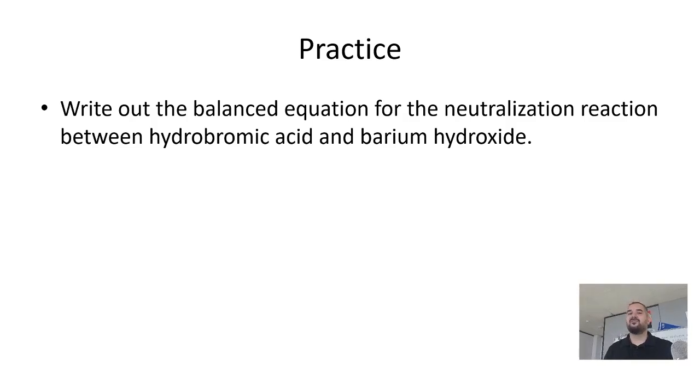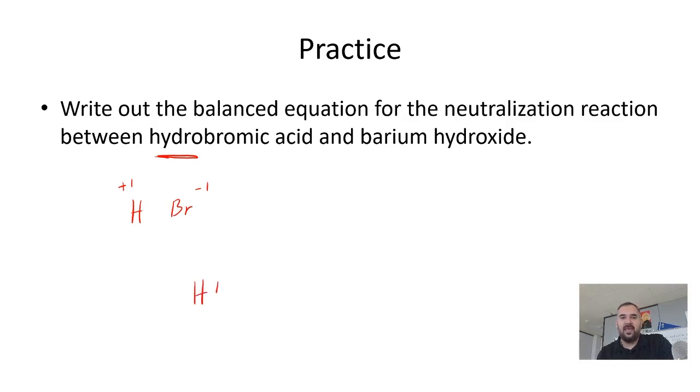All right, so we're writing a balanced equation for the neutralization reaction of hydrobromic acid and barium hydroxide. So hydrobromic, it starts with hydro. What does that mean? That means it's binary, and because it's binary, that means you just have a hydrogen that's going to be bonded to a bromine. Hydrogen has a charge of +1, and then bromine has a charge of -1, which means you only need one of each.